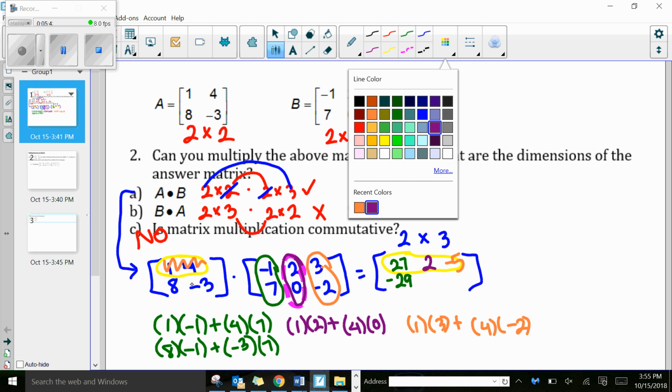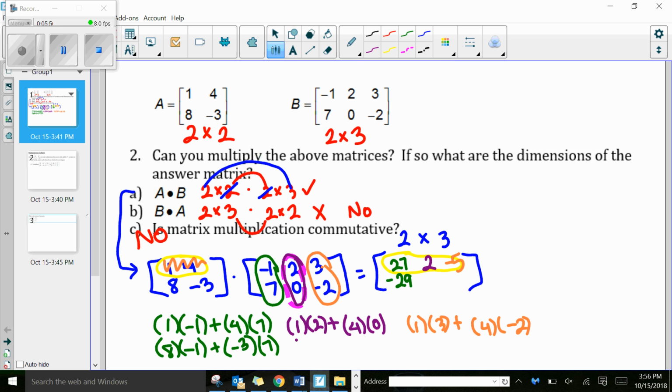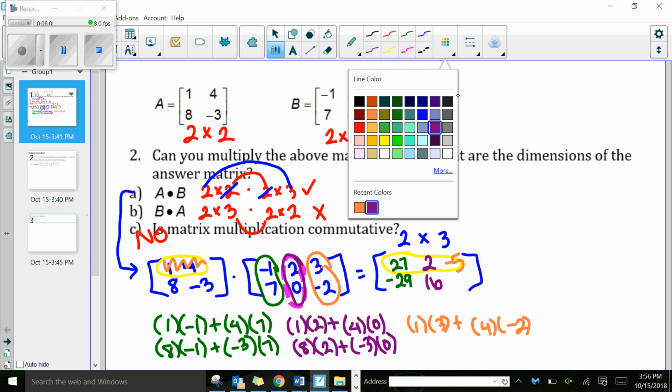So again, 8 and -3. To get the second spot in this answer, I'm going to go 8, -3 times 2 and 0. So 8 times 2 plus -3 times 0. You're going to start to learn that zeros are very nice, very helpful, and make the computations easier. And then the last would be 8 and -3 times 3 and -2.